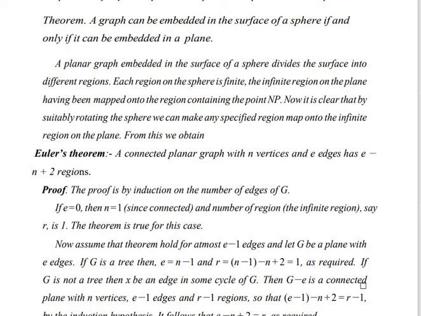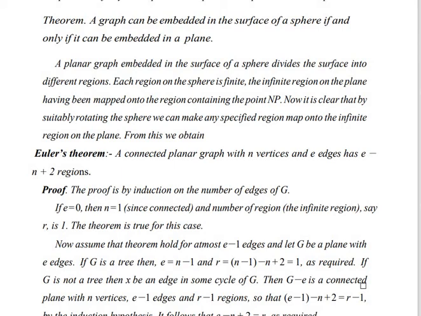If e equal to 0, then n equal to 1 since it is connected. And since it is an infinite region, the number of regions, say R, is only a single one, which is the infinite region. Thus, R is equal to 1 here.